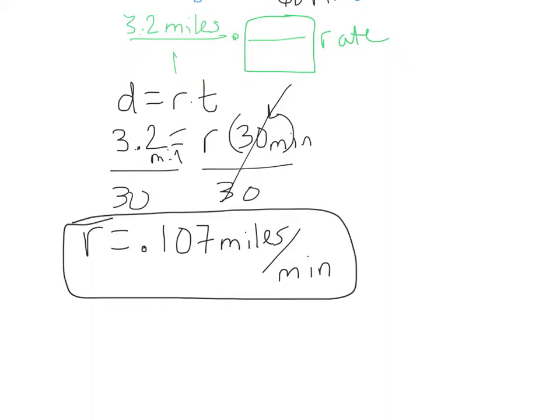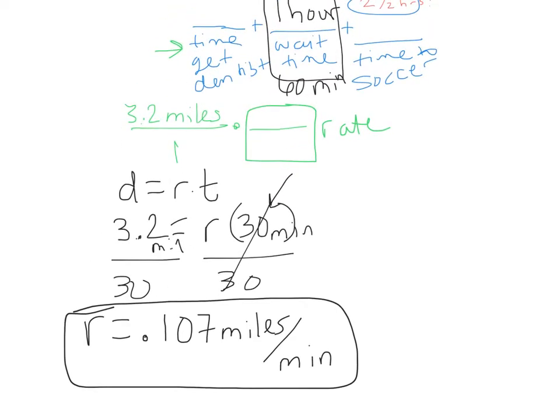Obviously, it's a lot less miles because it's per minute, not per hour. So that's the rate. So now that we know the rate, we can take the distance traveled and multiply by that rate. So we have 0.107 miles on the bottom. We have 1 minute on the top. And then the miles cancel.